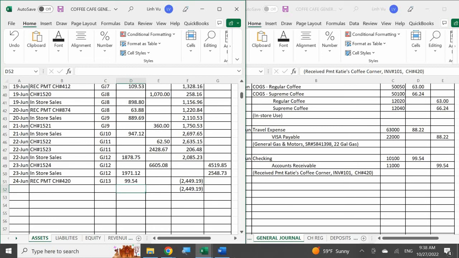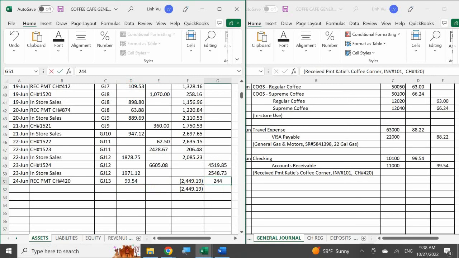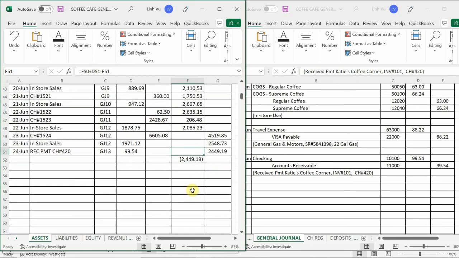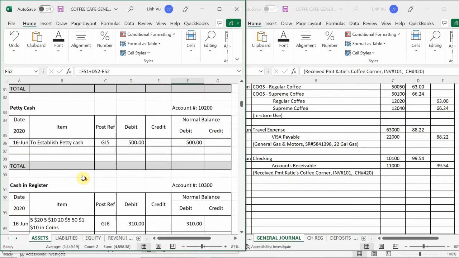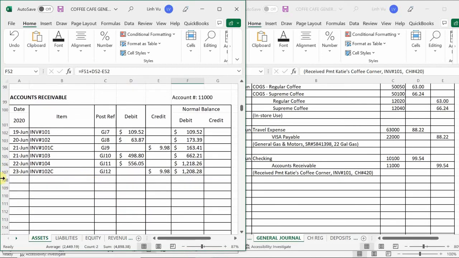Okay, we're still in the negative. Yes, we are. We're at 2,449.19. And then we have to go update the accounts receivable because we received a payment from Katie.